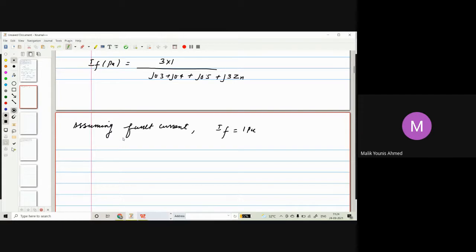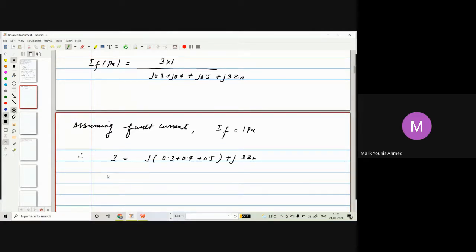Therefore, 3 divided by the impedance equals 1, so we can write 3 equal to j0.3 plus j0.4 plus j0.05 plus j3Zn.